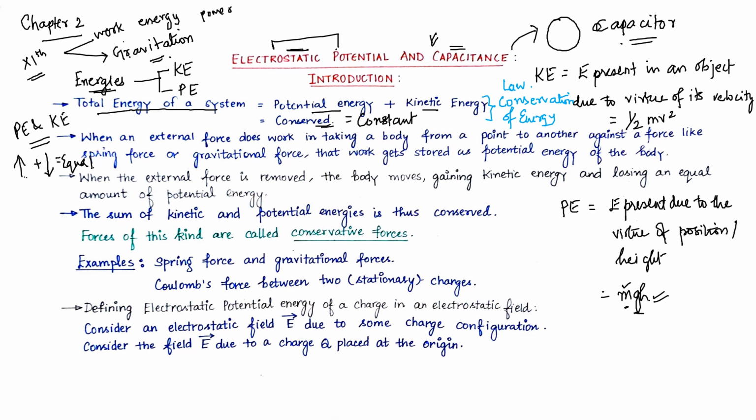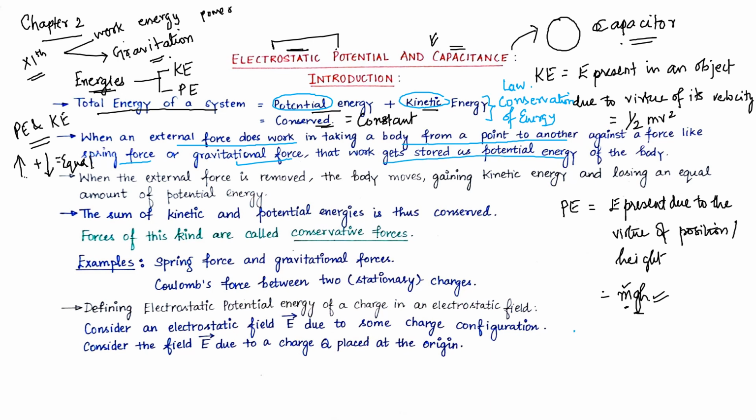So where can we see these potential and kinetic energies? We will read some examples. Like, an external force does work in taking a body from one point to another against a force like spring force or gravitational force. That work gets stored as potential energy of the body.